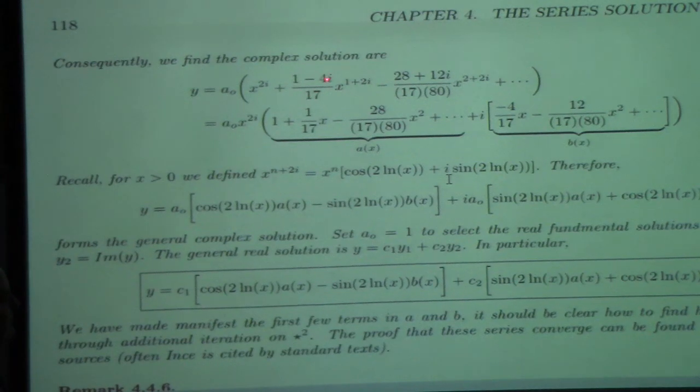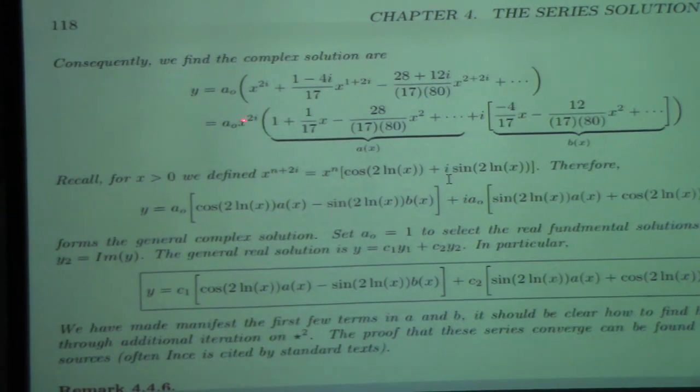So take the i out, which is really cool if you're a sand ninja. But let's see here, minus 4 over 17 x, 12 over 17 times 80 x squared. You see where they're coming from? I hope you see what's going on here. It's awful, but it's straightforward. So great, this is a complex solution.